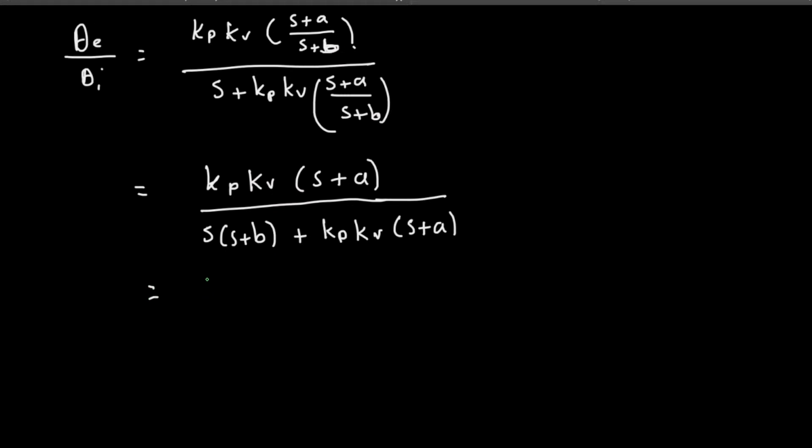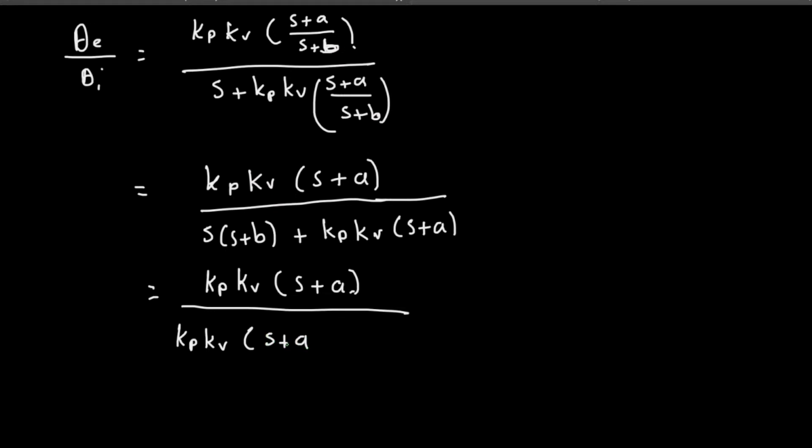If we do that, we keep the top one as it is, that is Kp Kv times s plus a, and here in the denominator we can expand this one, that's s squared plus sb, and then I take the Kp Kv common, so s plus a is going to remain the same.